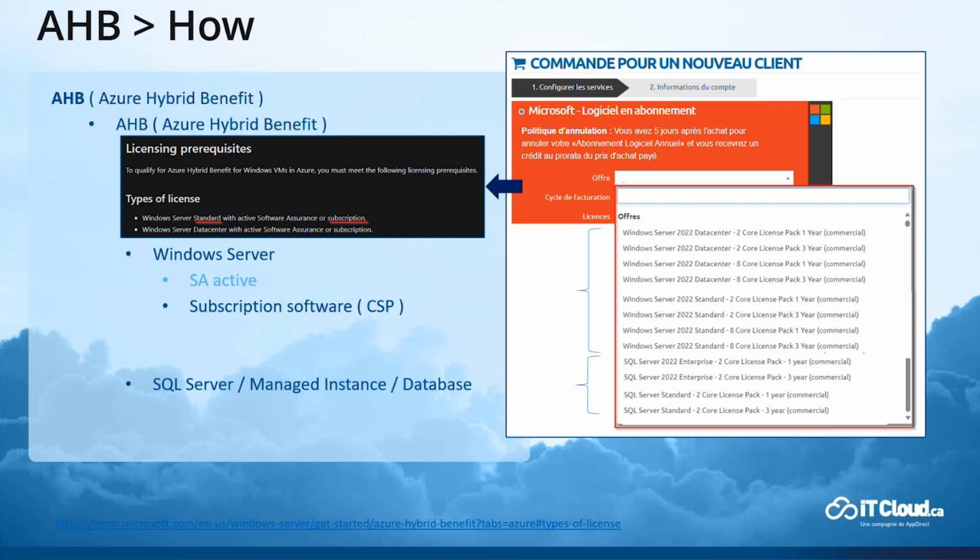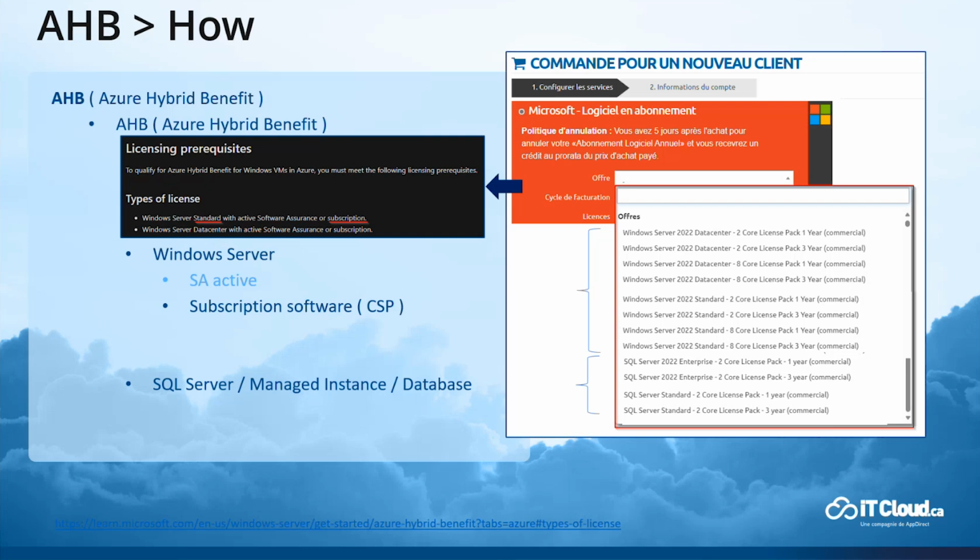We can involve standard license. Remember, from the Azure Marketplace concept, we can only provide and spin up Datacenter edition. But from the CSP perspective, from Microsoft, we can engage the Azure Hybrid Benefit from subscription with Standard.